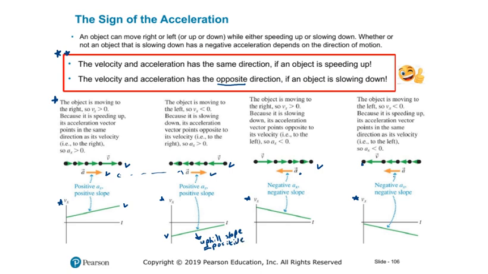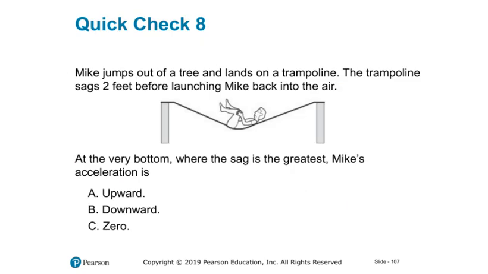If we correctly define the graph of an object that is speeding up in positive direction, it would be this. Slope is positive. Slowing down in negative direction would be this. Slope is positive. Remember, uphill slope equals positive.